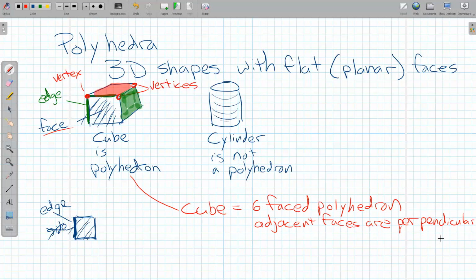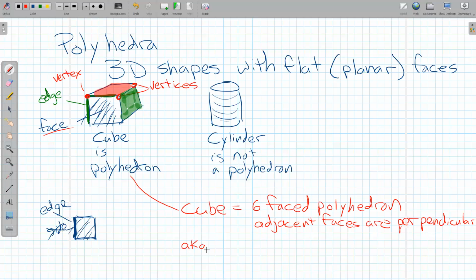So just like we have different ways to classify flat shapes like squares and quadrilaterals and parallelograms, we have these ways of classifying polyhedra. The primary way is just by the number of faces. So another name for this cube could be, like we used hex for 6 before, a hexahedron.